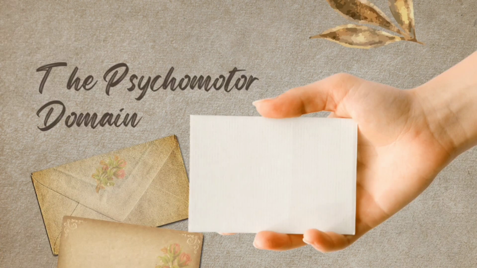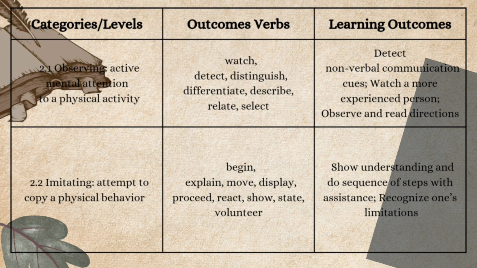Next, let us discuss the psychomotor domain. For the psychomotor domain, we have the same categories or levels, outcome verbs, and learning outcomes. For categories or levels, we have observing: active mental attention to a physical activity.